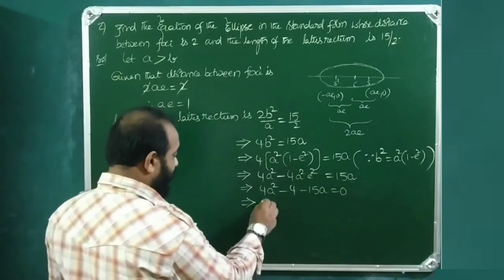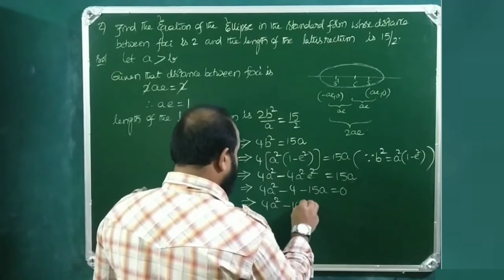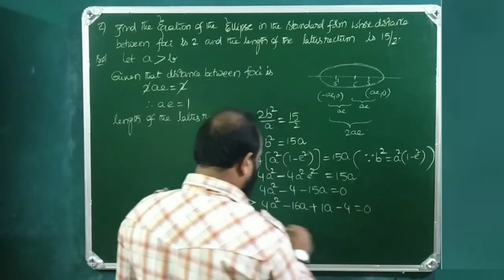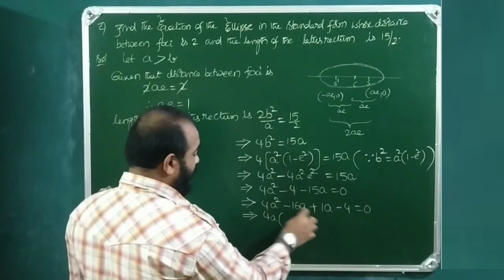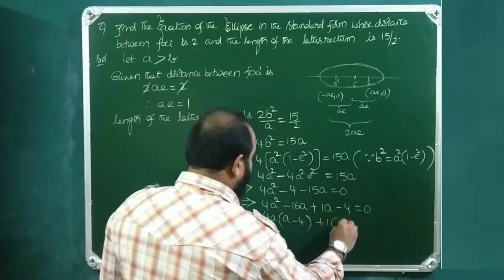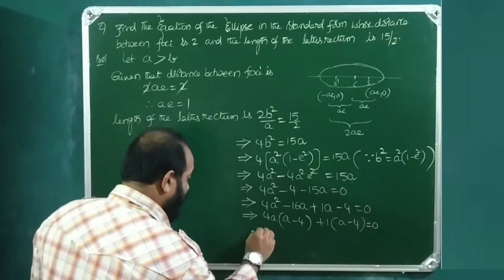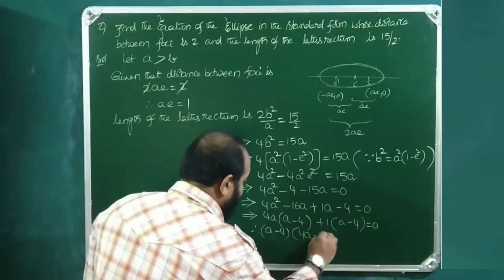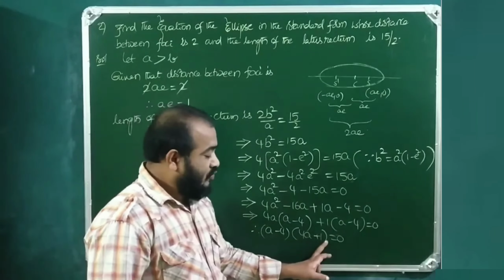So factorization: 4a square minus 16a plus 1a minus 4 equals to 0. Take 4a as a common in these two. So this is a minus 4 plus 1 into a minus 4 equals to 0. Therefore, a minus 4 into 4a plus 1 equals to 0.